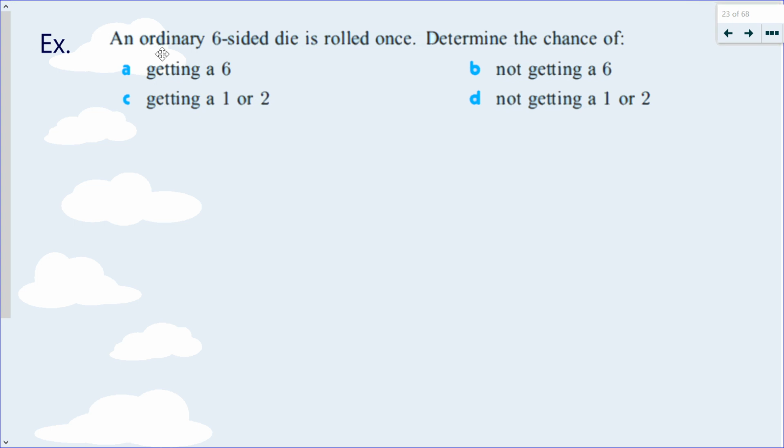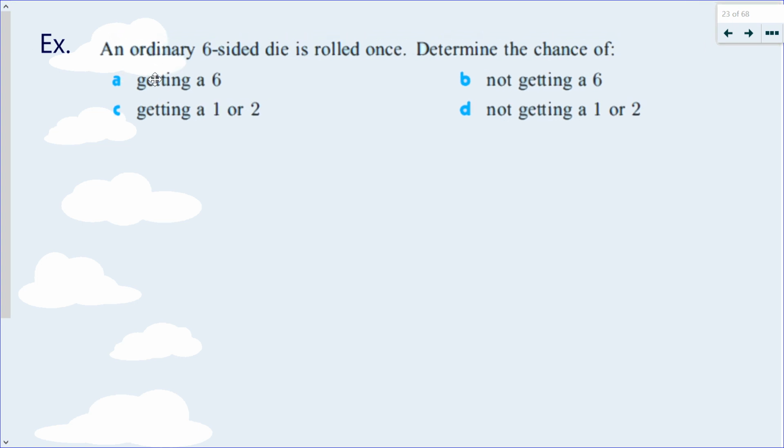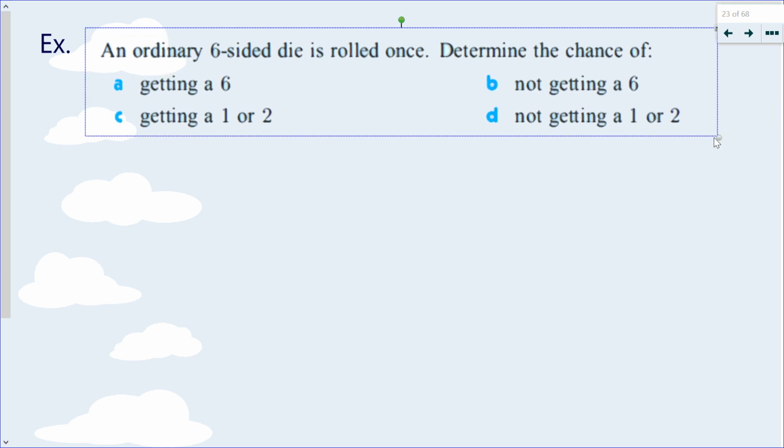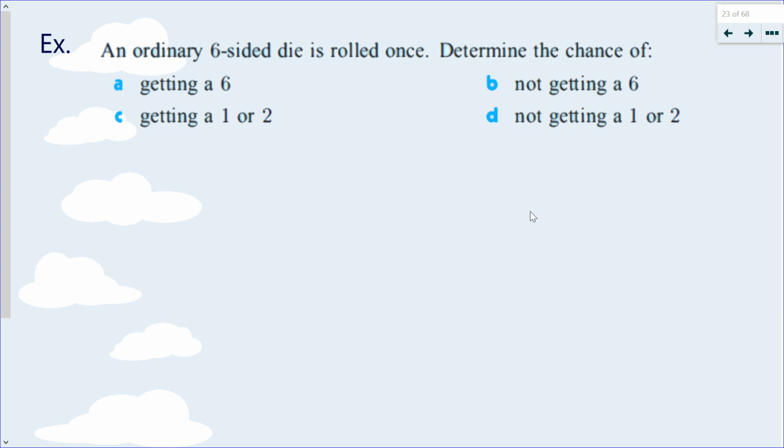So an ordinary, and they're saying ordinary because it is not like a loaded dice or a weighted die. It's just you have an equal likelihood of getting a 1, 2, 3, 4, 5, or 6. So the probability of getting a 6 is just 1 out of 6. Because you have 6 sides on a cube, and on that cube you have all the numbers 1 through 6.